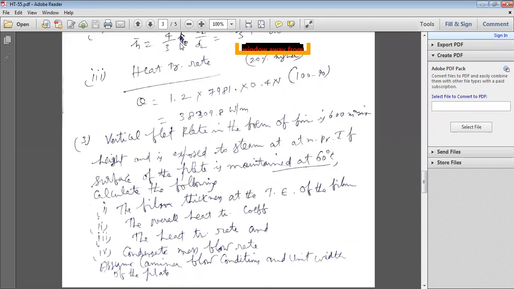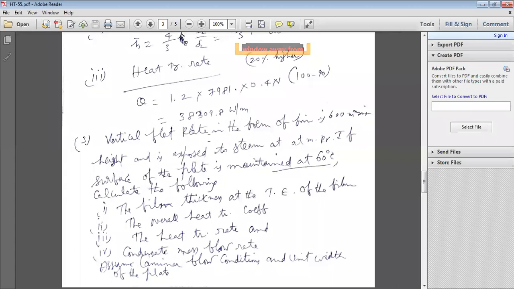All of you listen very carefully and follow these steps. A vertical flat plate in the form of a fin, 600 mm in height, is exposed to steam at atmospheric pressure.